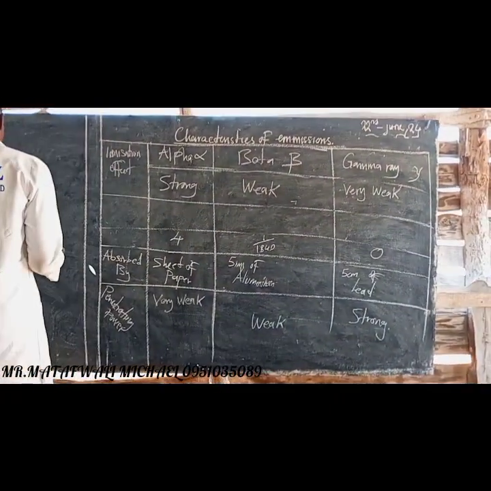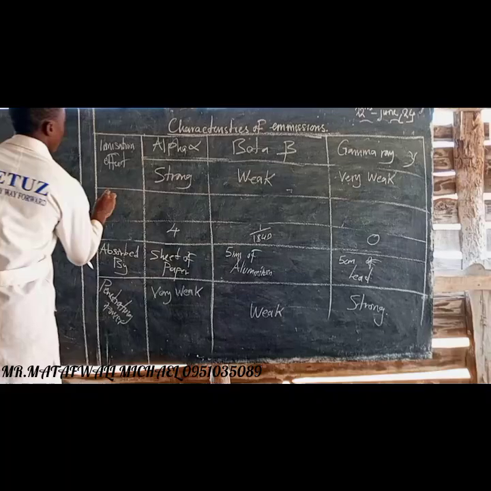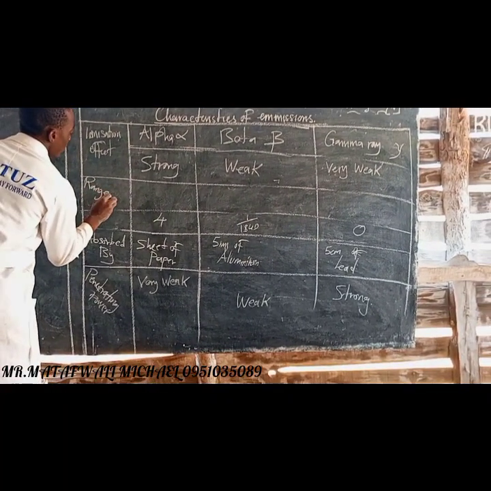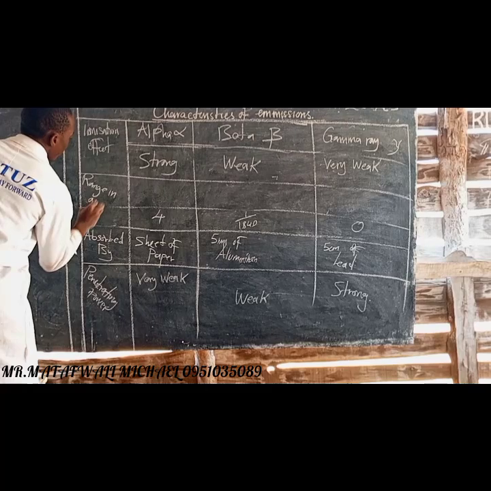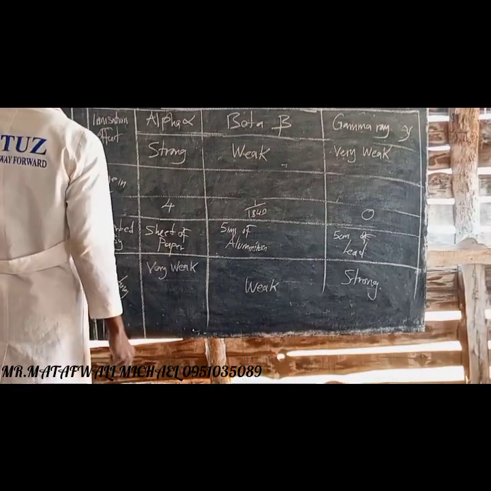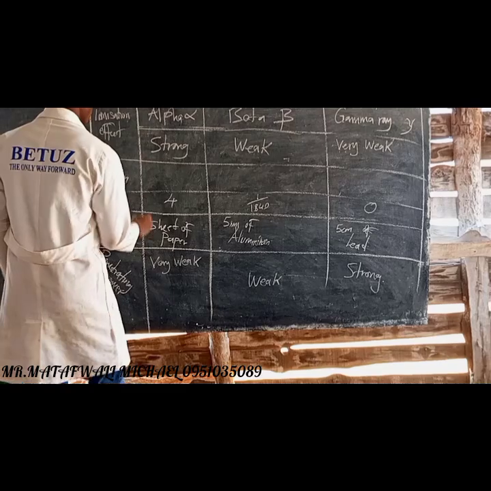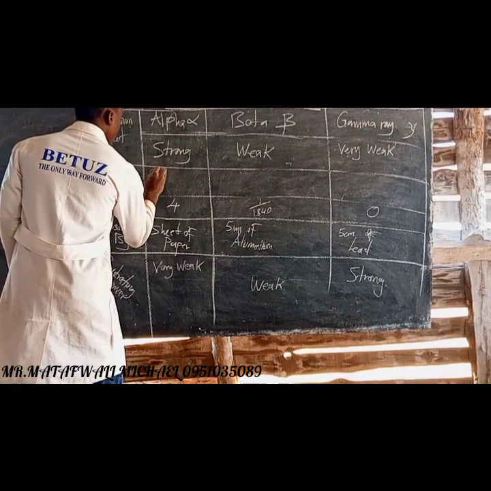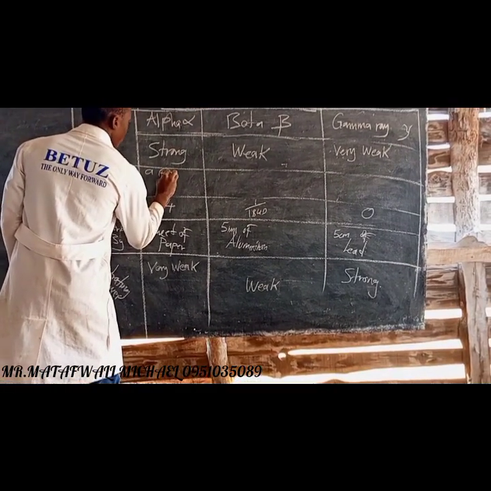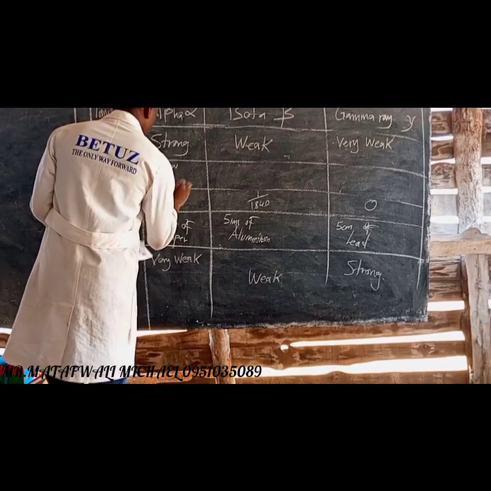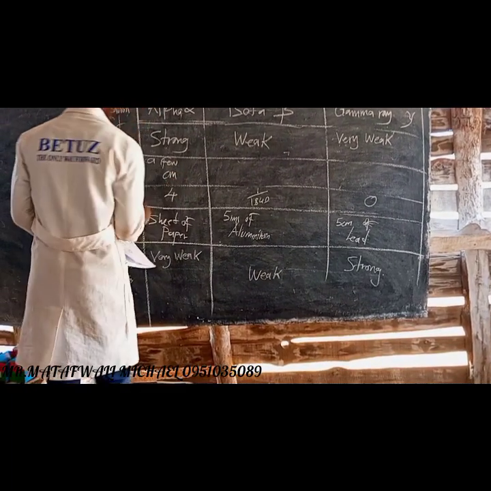Then we are going to end with this characteristic, which is range in air. So what is the range in air of an alpha particle? A few centimeters.